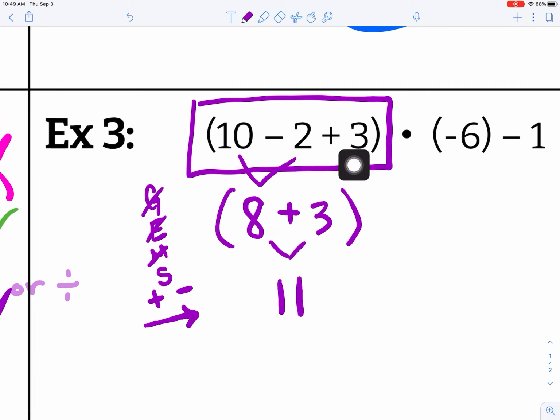So notice how if I had added 2 plus 3 first, that would be 5. 10 minus 5 is 5. I'm not getting 11. So you really need to be careful about that moving from left to right thing. You're going to hear Miss Powers say left to right, read it like English so many times. You're going to be so sick of it.